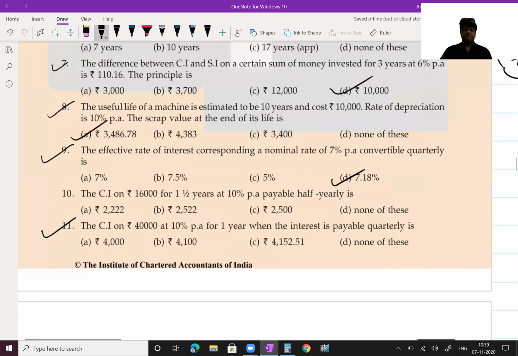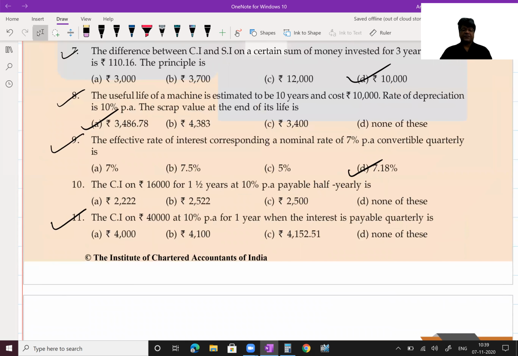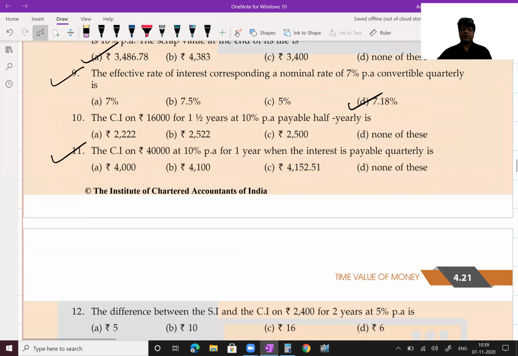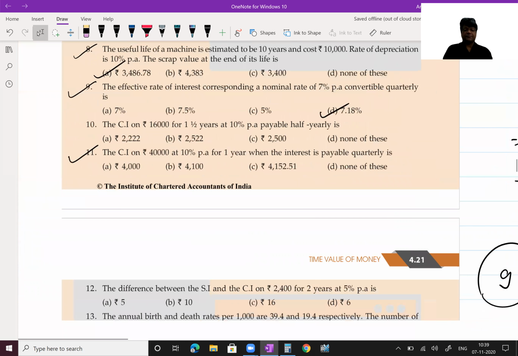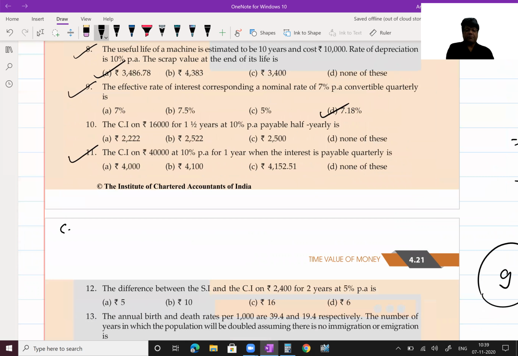Now, question number 11. The compound interest on rupees 40,000 at 10% per annum for 1 year when the interest is payable quarterly. Look, a compound interest question is asked. So compound interest is equal to, what is the formula, guys? I'm not going to write down the formula again. 40,000 principal into (1 plus i).